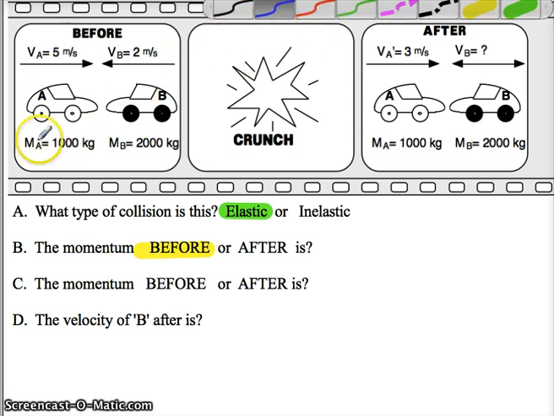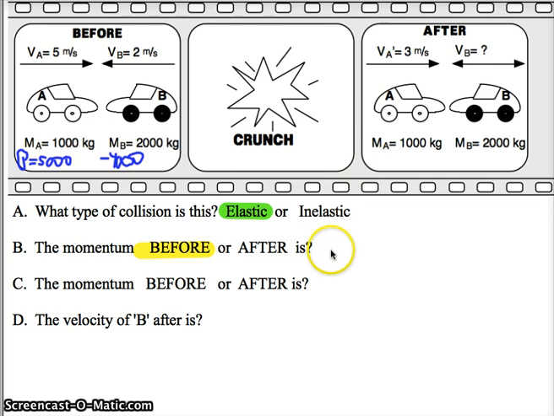The first car has a momentum of 5,000 kilogram meters per second. The second car has a momentum of negative 4,000 kilogram meters per second. And the reason it's negative is because it is going to the left.